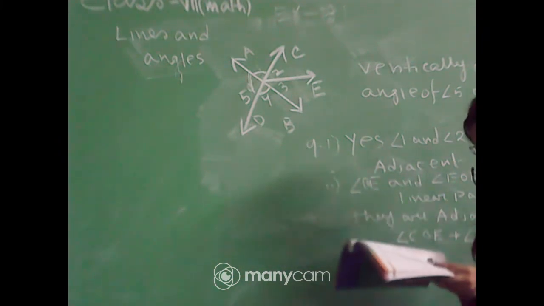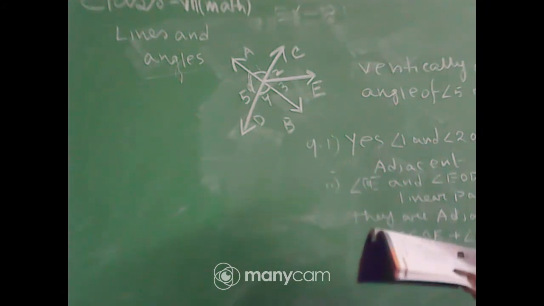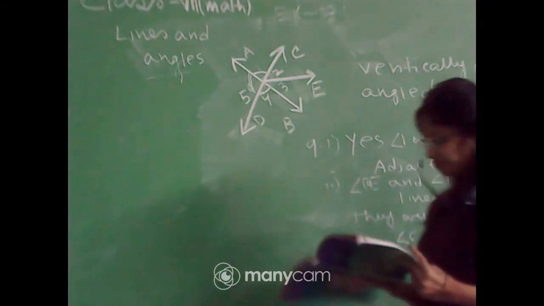Vertically opposite angle of angle 5 is angle BOC.